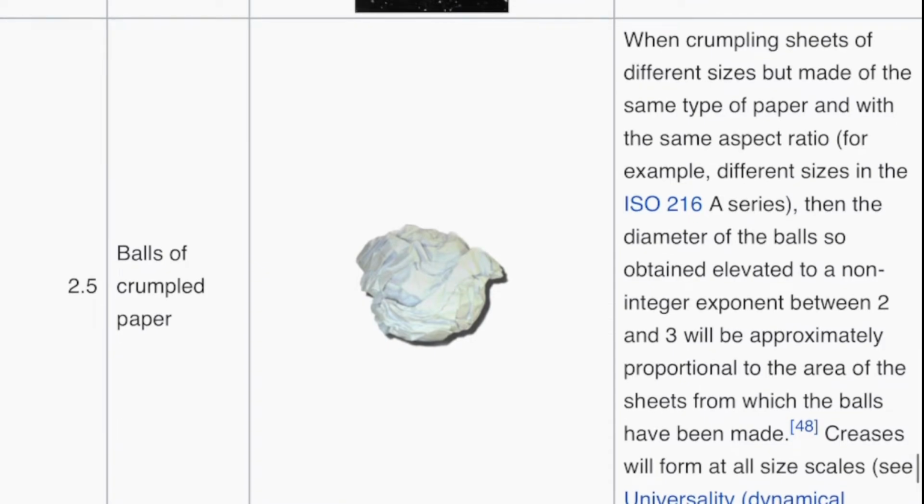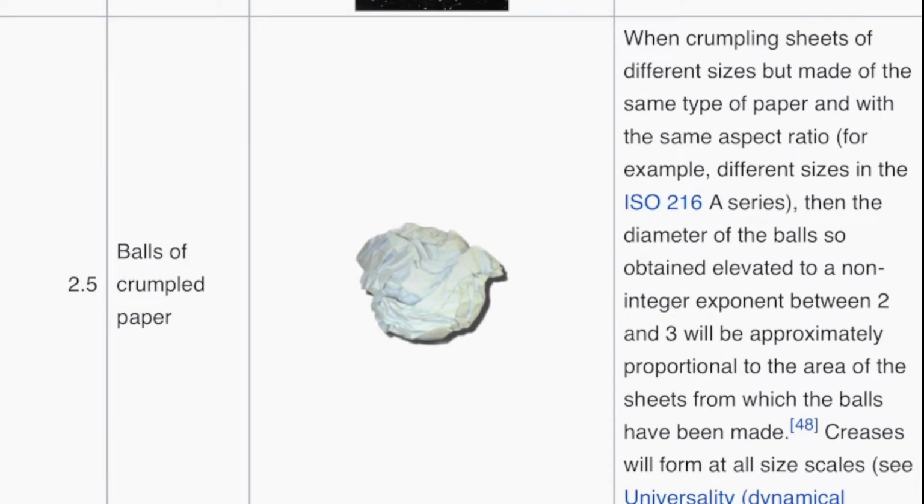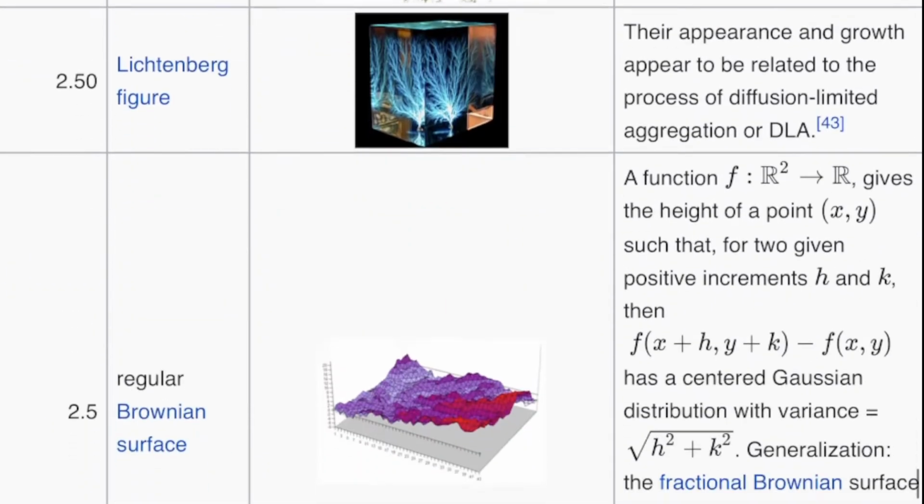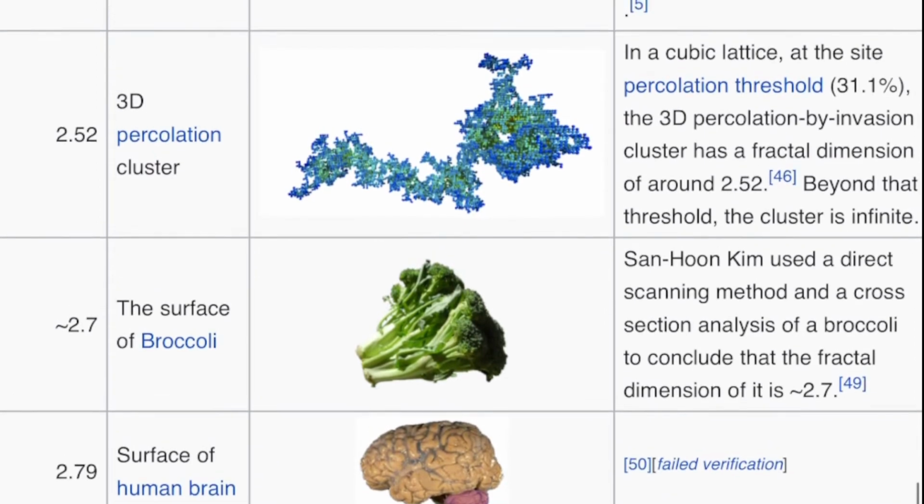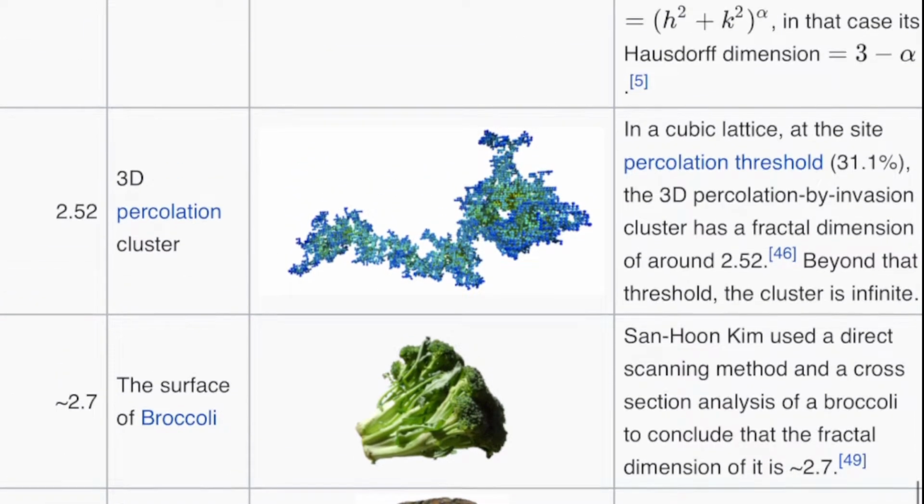Balls of crumpled paper. I like that one. 2.5. I don't know how exact this analysis is, but here is, sort of famously, the surface of broccoli. 2.7. The surface of broccoli, they are considering only the surface of it.